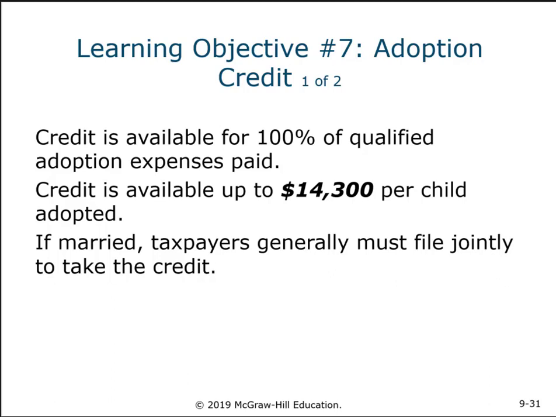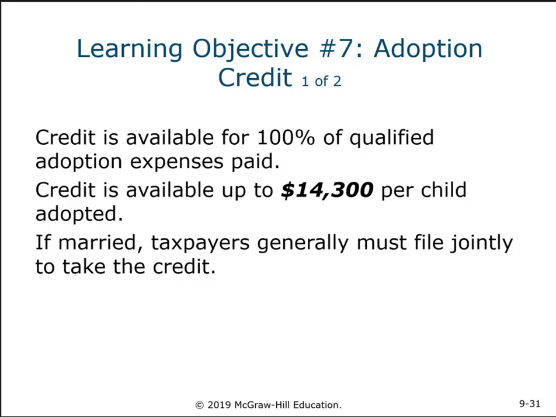Okay? Generally have to file jointly, and it's limited to $14,300 per child adopted. Typically in the year the adoption is finalized, you take that credit. All right?